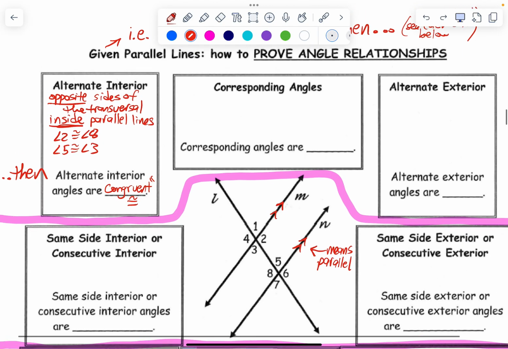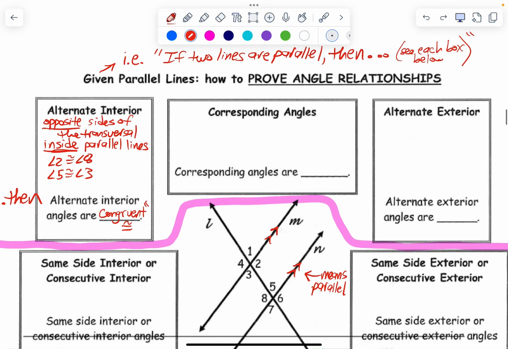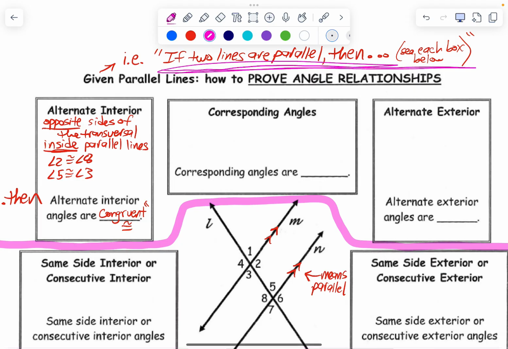Okay, next set. Again, we're starting with this statement every time. If two lines are parallel, then corresponding angles are also congruent.